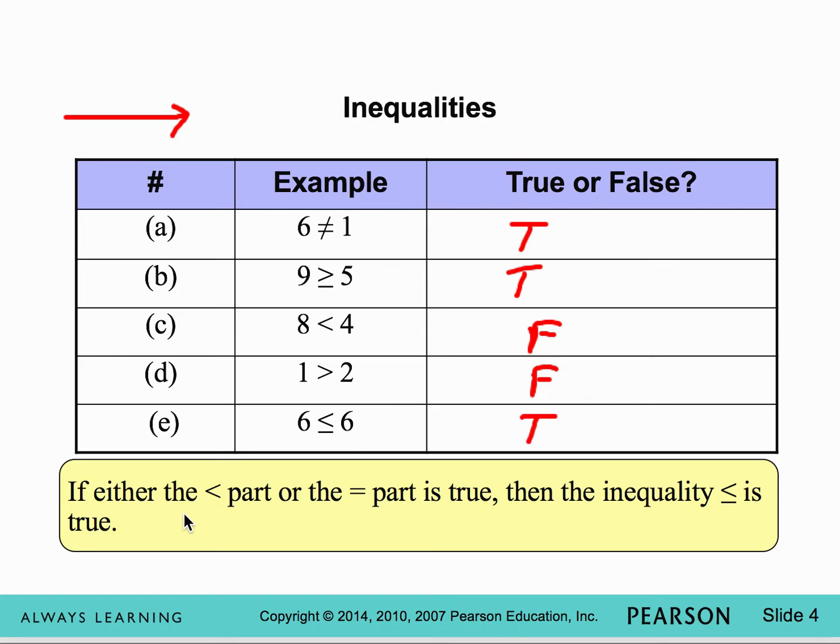Okay? If either the less than part or the equal part is true, then the less than or equal is true. Now, if it said this, that's false because 6 is not less than 6, but it can be less than or equal to make that one true.